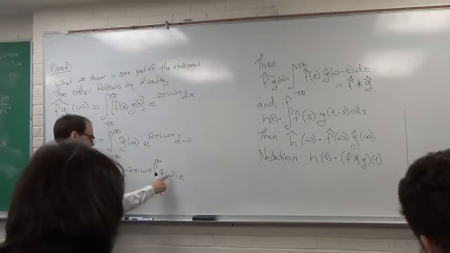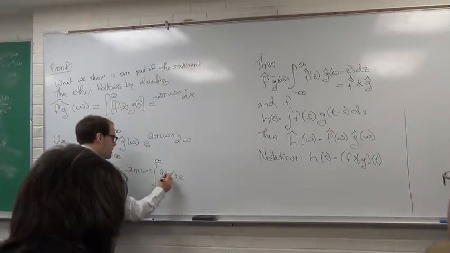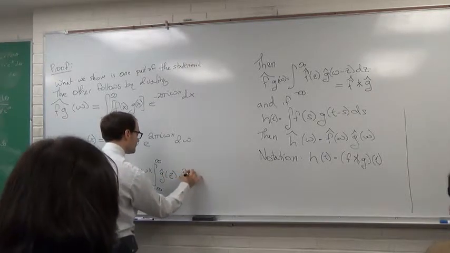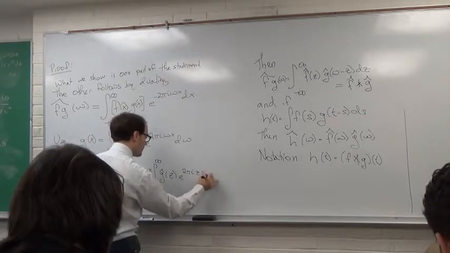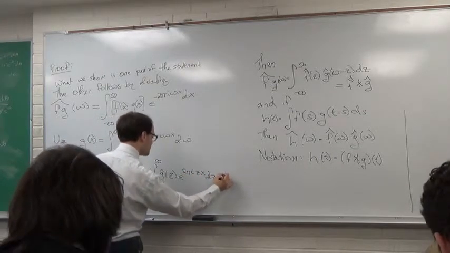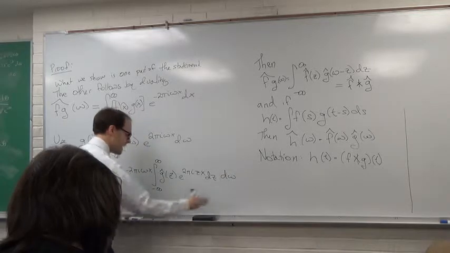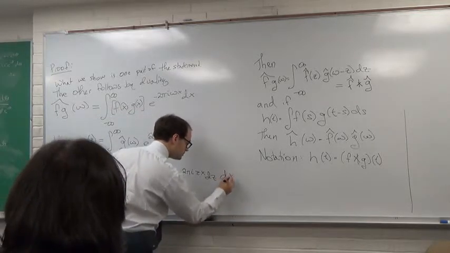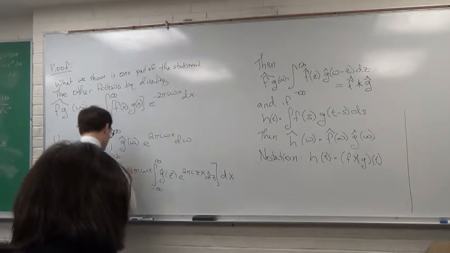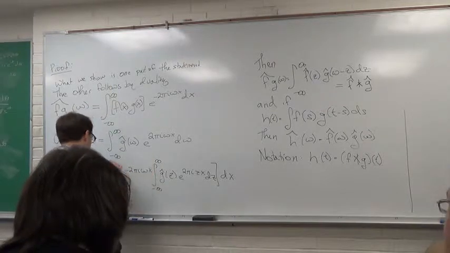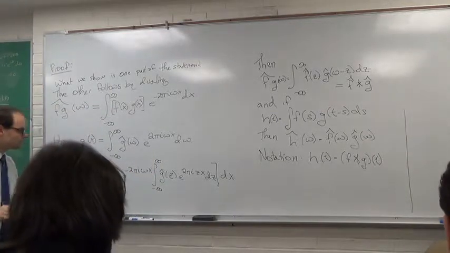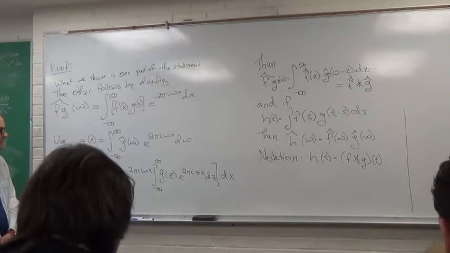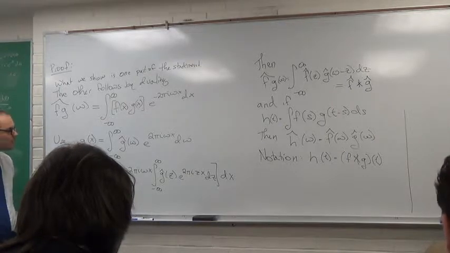I've already got an omega in place, so I'm going to use a z instead. And this whole thing is dx. So I've just substituted that in for g.